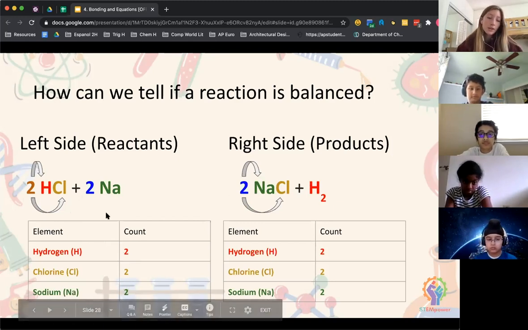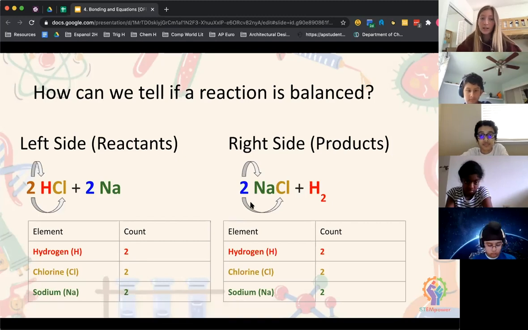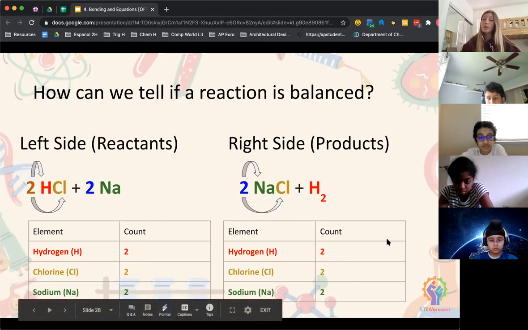In the products, they rearranged and created completely different substances, but we can still see there are 2 sodiums, 2 chlorines, and 2 hydrogens. So was the reaction balanced? Yes. Why? Because there are the same amount of atoms on both sides: 2 hydrogens, 2 chlorines, and 2 sodiums.